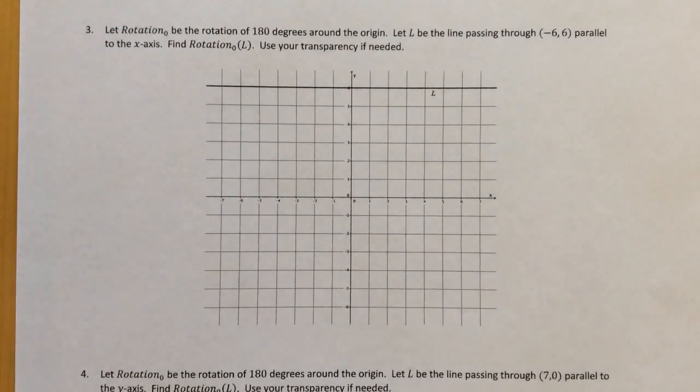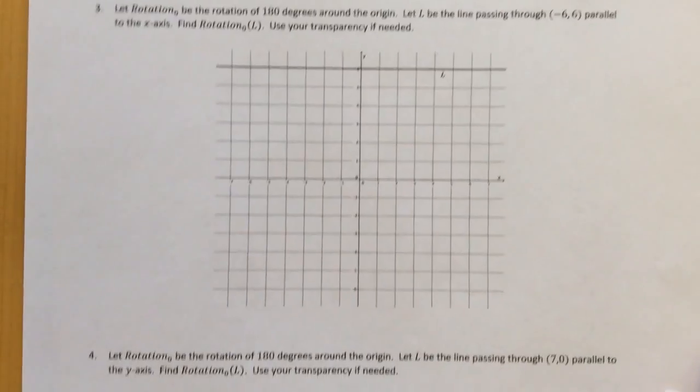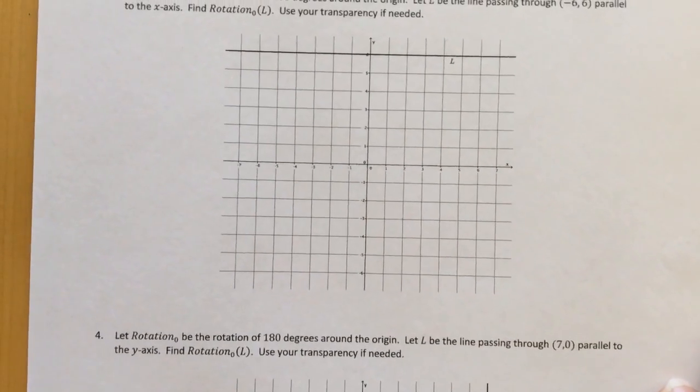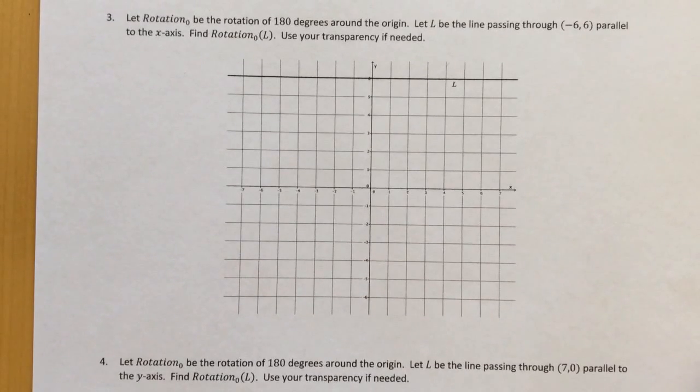Once again, we're going to make use of these facts we know about rotations of 180 degrees, that the points are collinear, and this time we're rotating lines. So try exercises 3 and 4, and then come back and we'll correct those together.